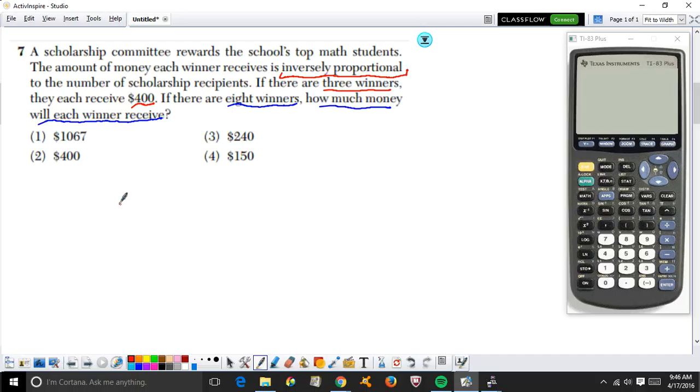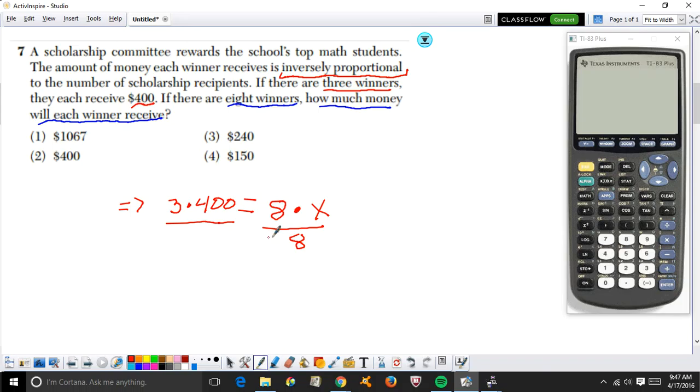So we're going to set up our inversely proportional equation, which is going to be 3, the number of winners for the first scenario, times how much they won, which is 400. And that is going to be equal to the other scenario, which is 8 winners, multiplied by what we're looking for, how much money each will receive, so we set it equal to x. We solve our equation.